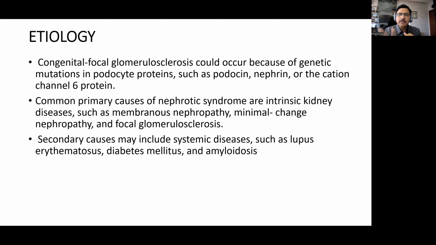Whereas in adults, one-third, that is 30% due to minimal change, another 40% due to membranous, and another 30% due to focal glomerular sclerosis, progressing on to global glomerular sclerosis. This is the first important statement. Then there could be secondary causes of nephrotic syndrome, which are systemic diseases, commonest being diabetes mellitus, second one being lupus nephritis, and third one is amyloidosis, and some drugs also.